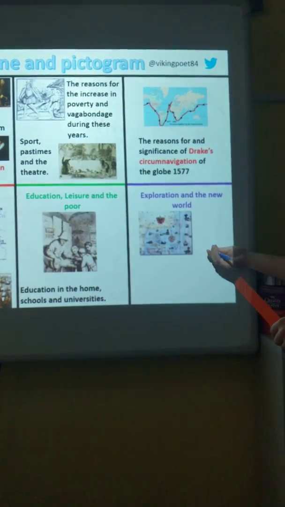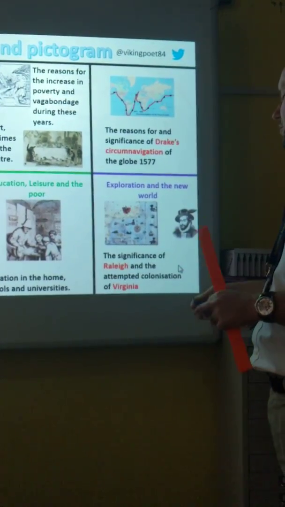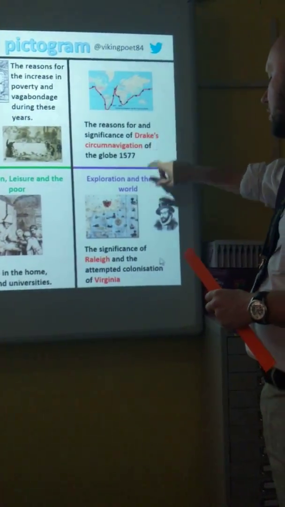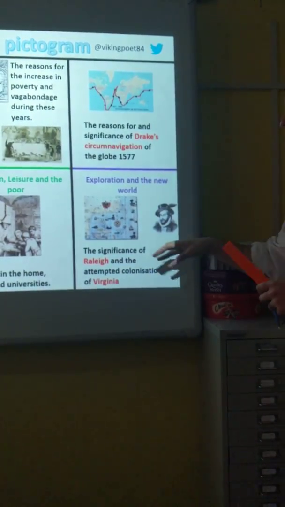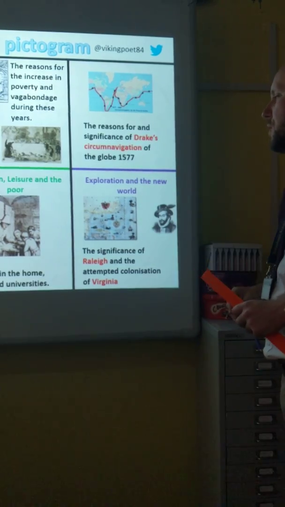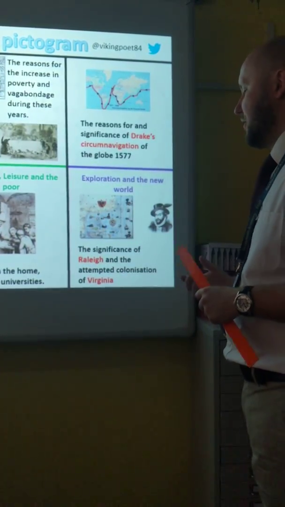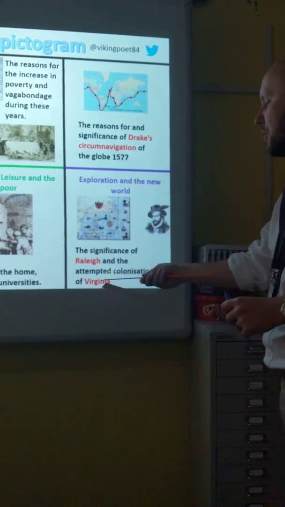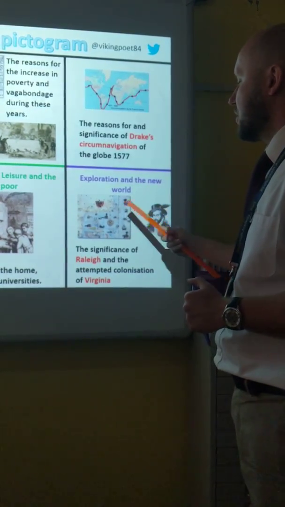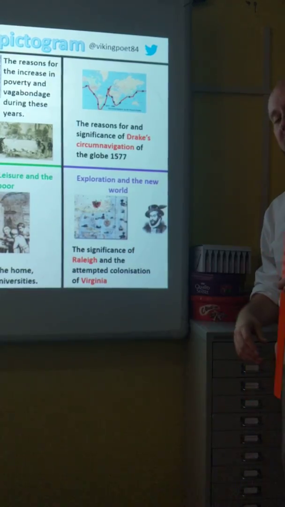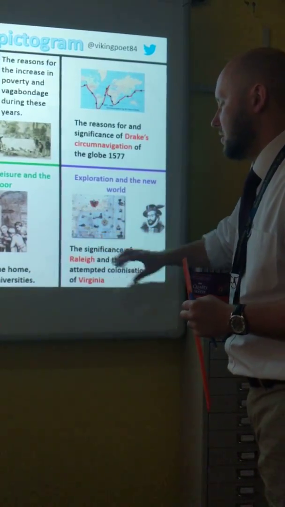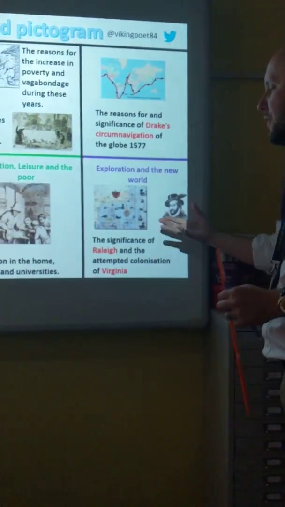So, exploration of the New World. Now you would have heard of Sir Francis Drake, and you probably heard of Sir Walter Raleigh. Sir Walter Raleigh leads this expedition to the New World. Spain's got this tremendous empire, which makes them a lot of money, and so he attempts to colonise Virginia. Now, Raleigh doesn't go there himself, but this is a massive failure because he thinks he's taken some lords to go and find some gold.